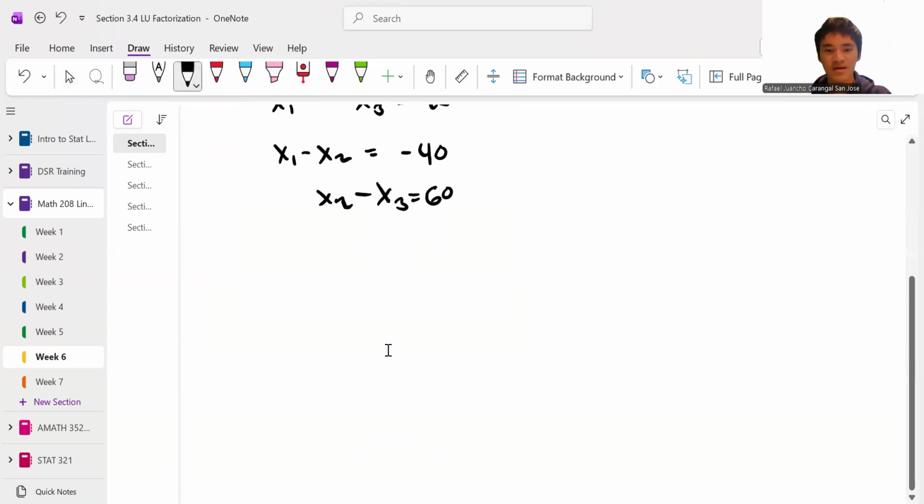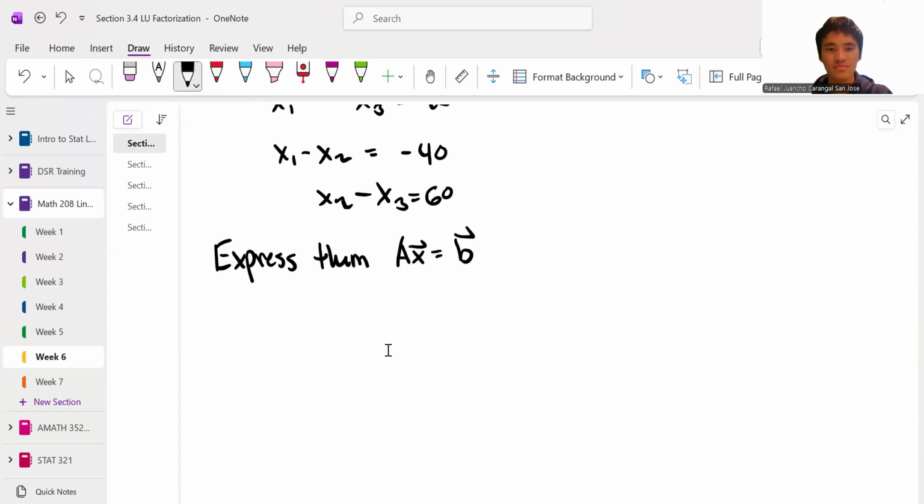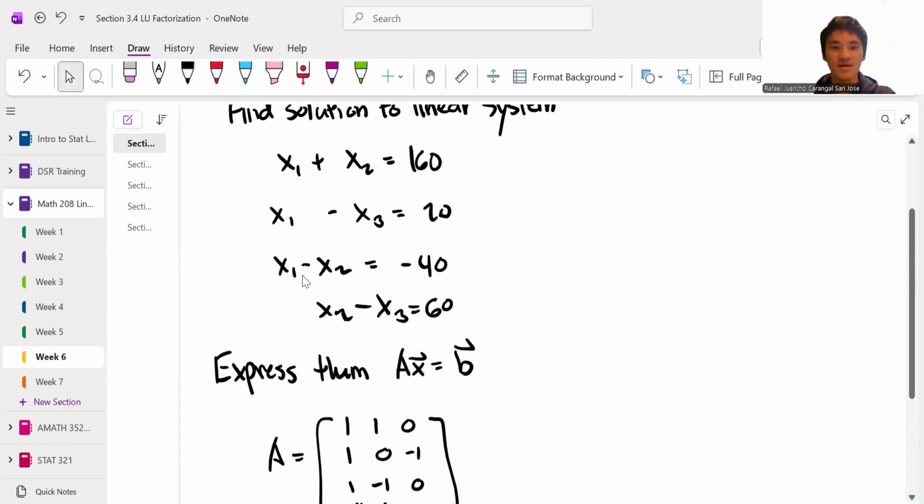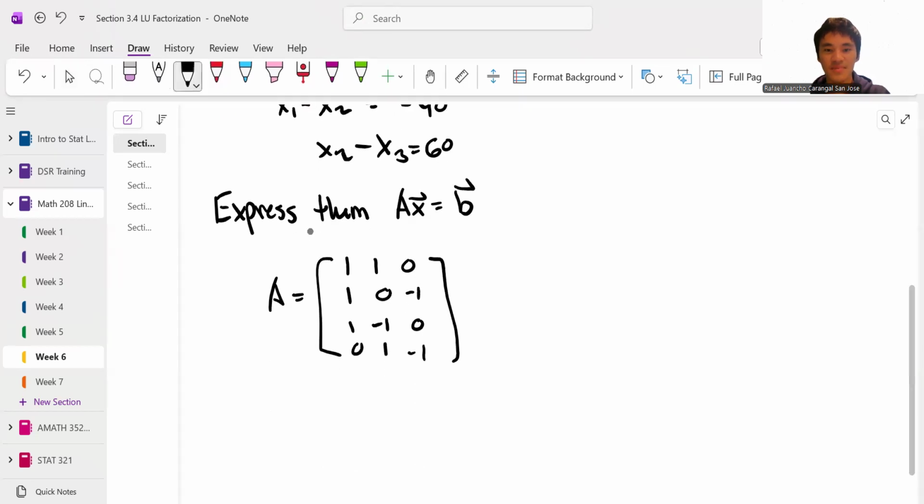The first thing I would do is express it in its compact form, Ax equals b, where A is the matrix with entries 1, 1, 0, 1, 0, negative 1, 1. These are the entries, and we got them from the coefficients of the linear system.